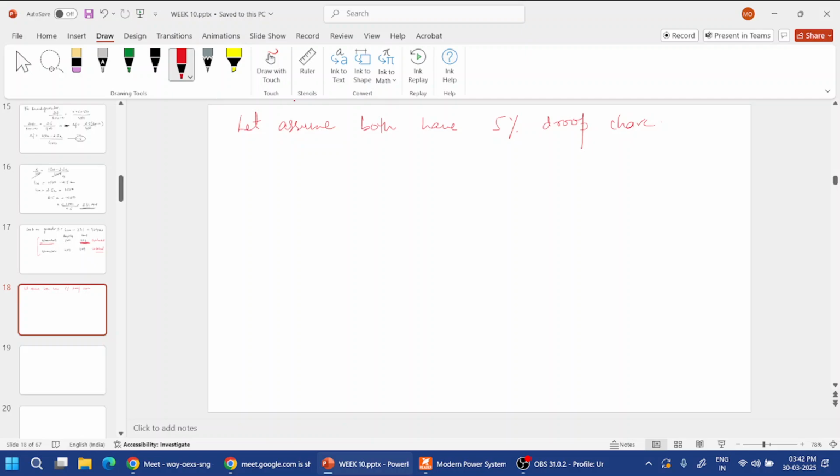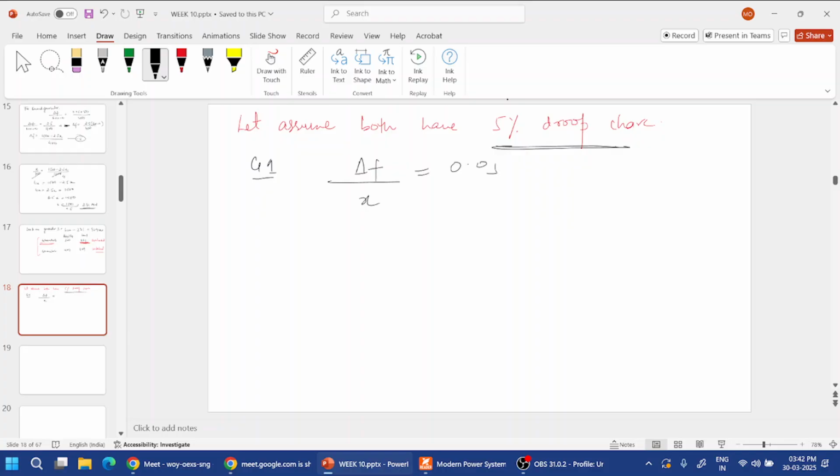So let's solve it. I know the answer, but I want you to see the answer through the numerical, because if I give you a concept about this, you can directly say how much it will be, but I want you to get there through the equation.